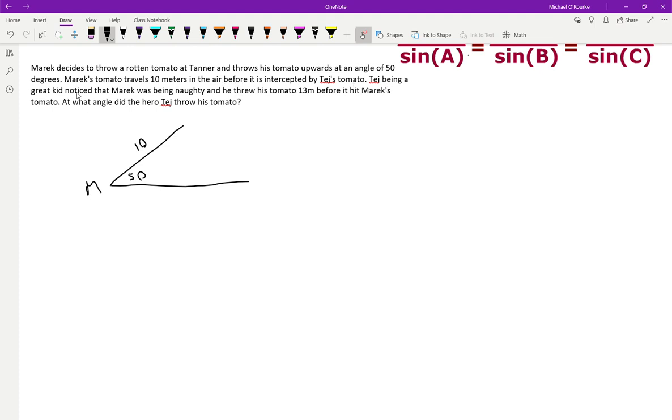Tej, being a great kid, noticed that Mark was being naughty and he threw his tomato 13 meters to hit Mark's tomato. At what angle did Tej throw his tomato? Okay. Do you understand how we made our diagram here? Yes or no?